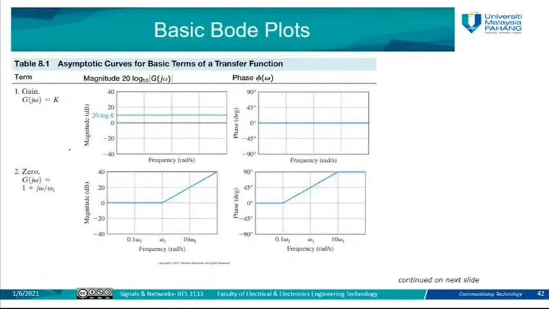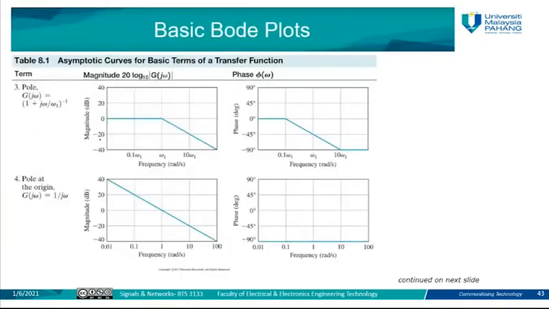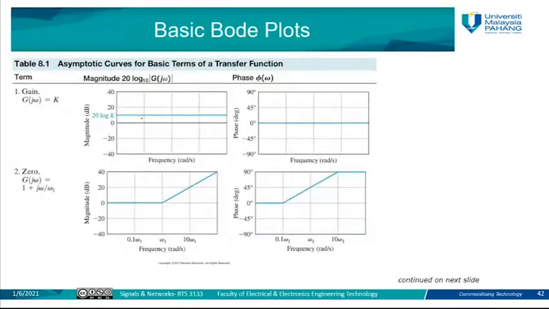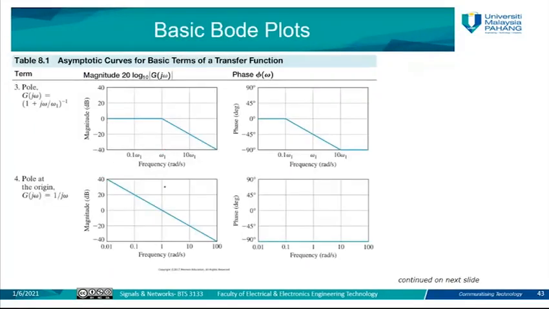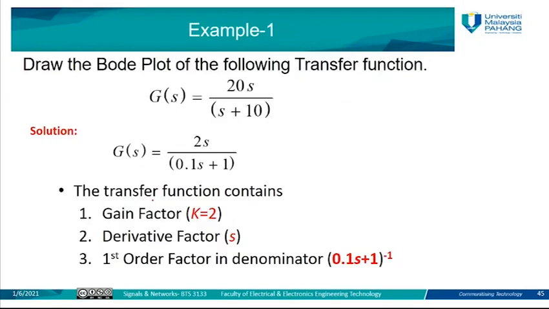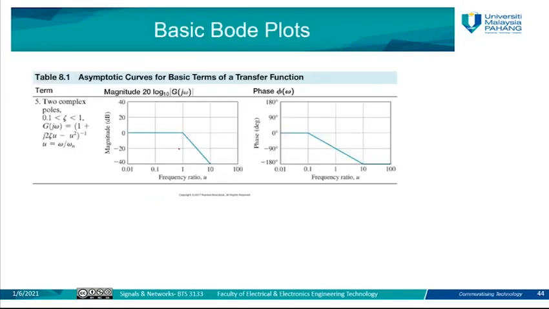It's a more clear summary about this one. So this is for the gain. This is for the integral form. This one is for the derivative form. This one is for the first order zero, and this one is for the first order pole. And this is for the second order pole. So this is the table that represents different components of the transfer function.